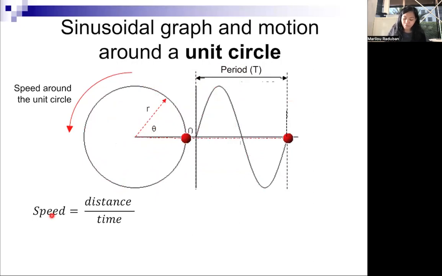From the basic definition of speed, speed is distance over time. What do you think is the distance? So we're talking about the speed of this object that's going around this unit circle, which is also the speed of oscillation of the object. So what do you think is the distance covered by this object that's going around the circle?